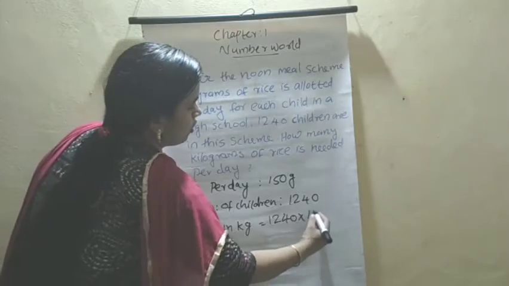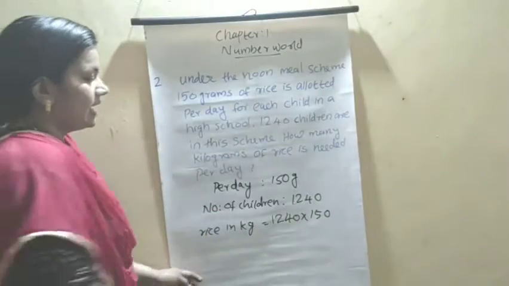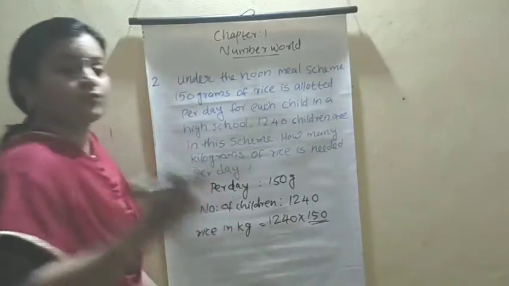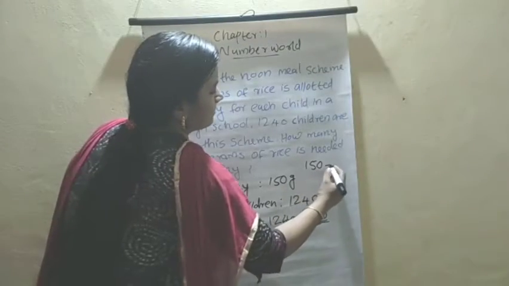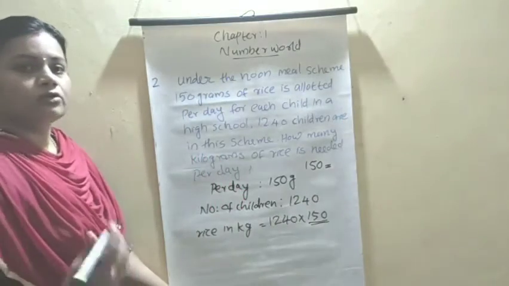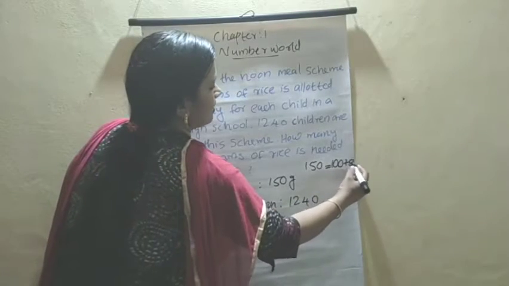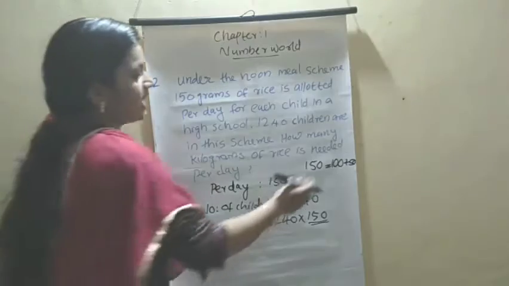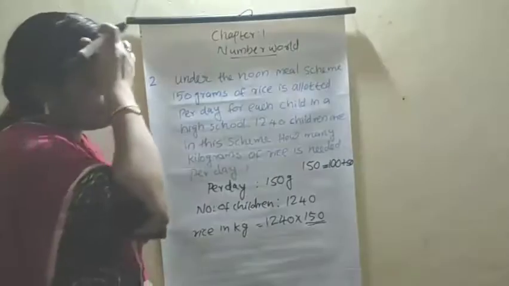We write 1240 into 150. In this problem, first of all we split this 150 in two. How to split it? 100 plus 50. 100 plus 50 is 150, so we can write 150 equal to 100 plus 50.